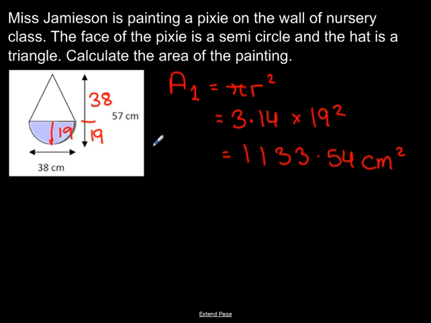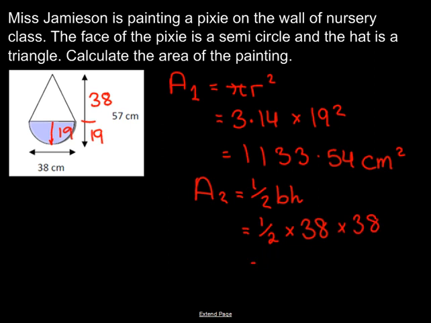So area of my triangle, let's call that area 2. Well, that's a half base times the height, so that's a half times the base of 38 times, well, the height is also 38.